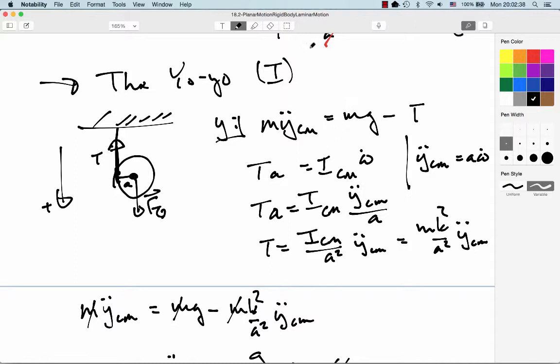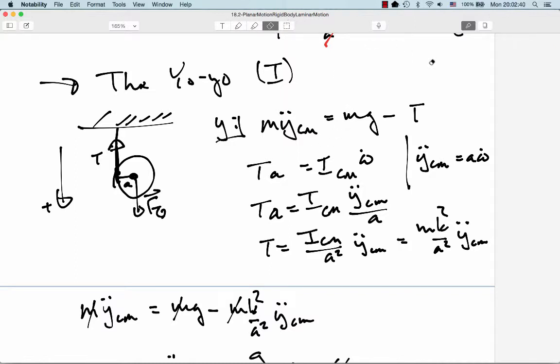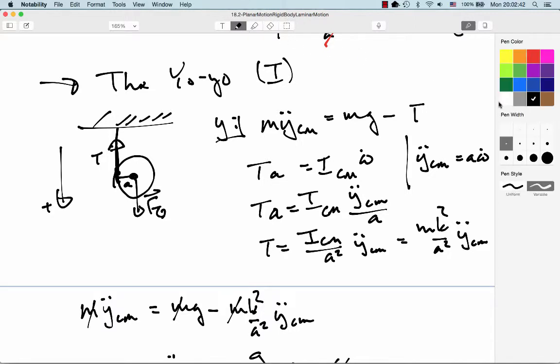Anyway, the idea sort of goes like this. If we look at the point of contact right there, the point of contact isn't moving.